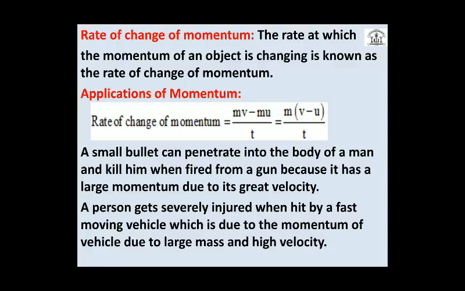Now we'll see what is the rate of change of momentum. When there is the word rate, it means we are calculating it with respect to time. So the rate at which the momentum of an object is changing is known as rate of change of momentum. The expression is (mv minus mu) divided by t, which is m(v minus u)/t.